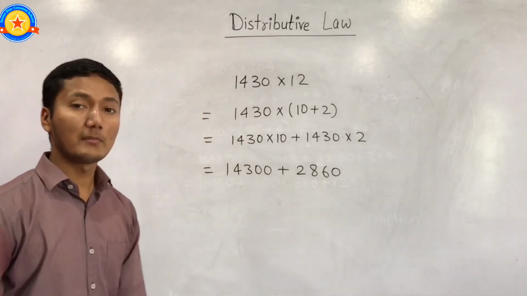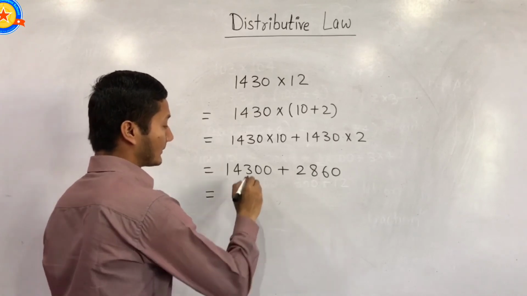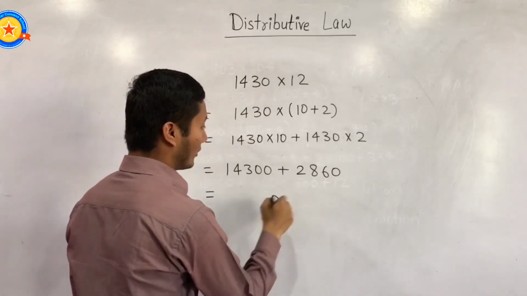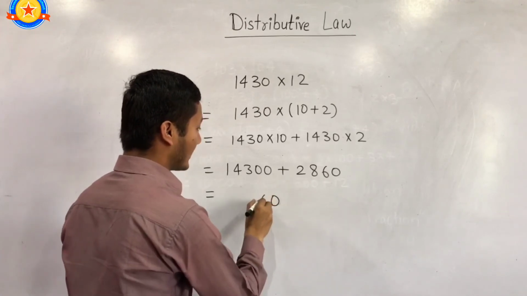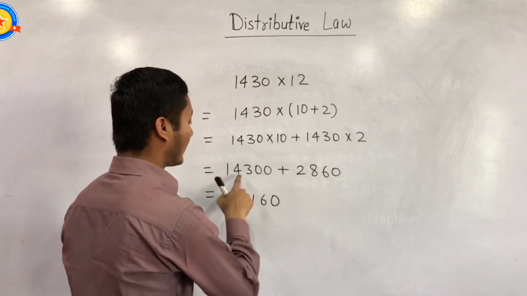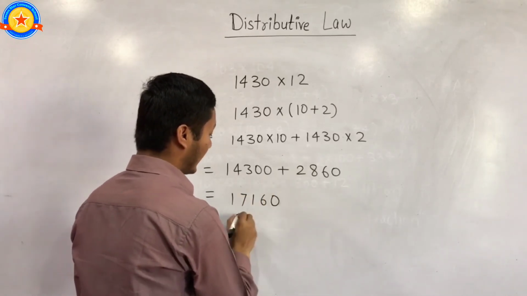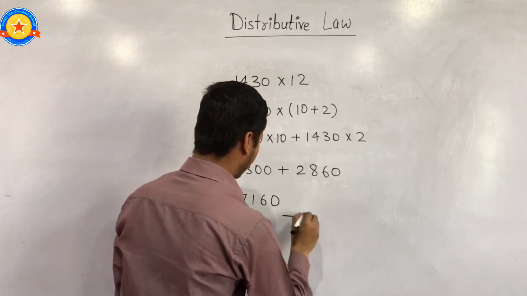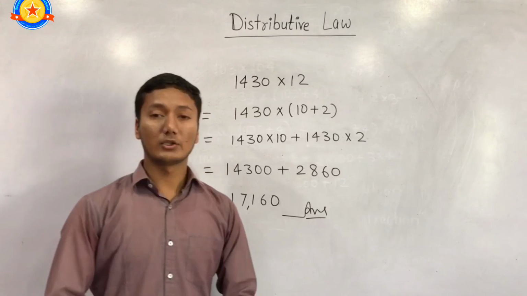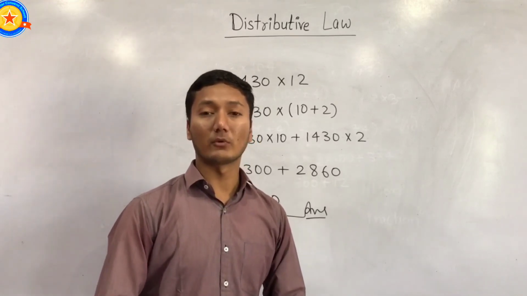Now if we add both numbers: 0 plus 0 becomes 0, 0 plus 6 becomes 6, 3 plus 8 becomes 11, carry 1, 4 plus 2 is 6, plus 1 is 7, plus 1. Then our answer will be 17,160.